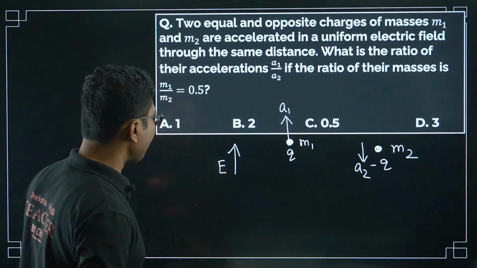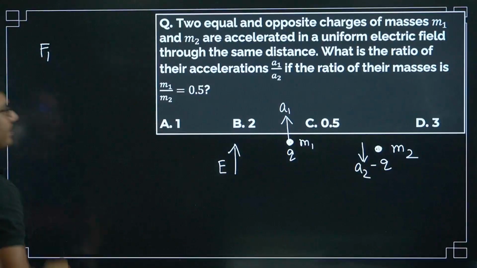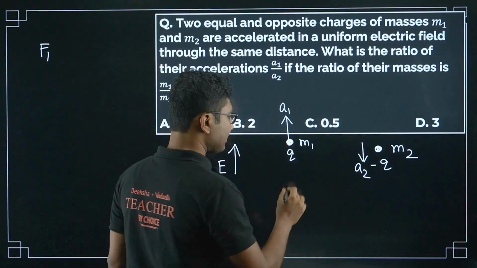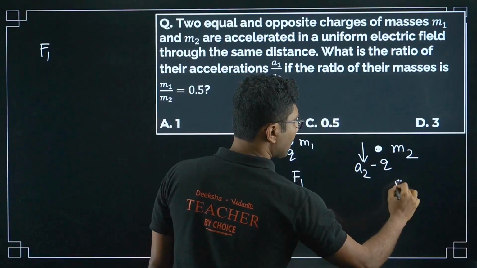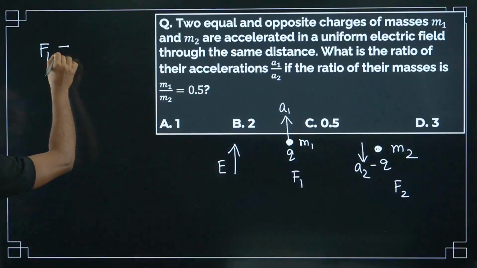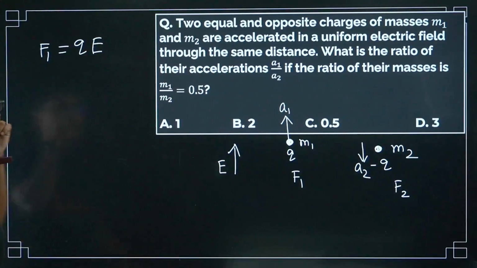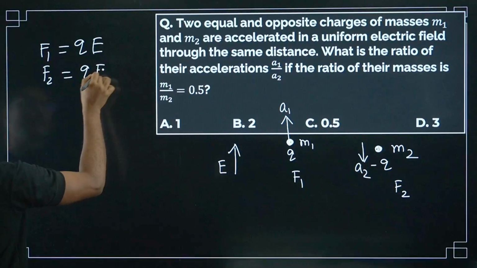Now first we have to understand what will be the force. They will not automatically accelerate. First thing they will experience is force. This one will experience force F1, this one will experience force F2. So what is F1? F1 is qE. F2 will also be qE, but in the opposite direction.